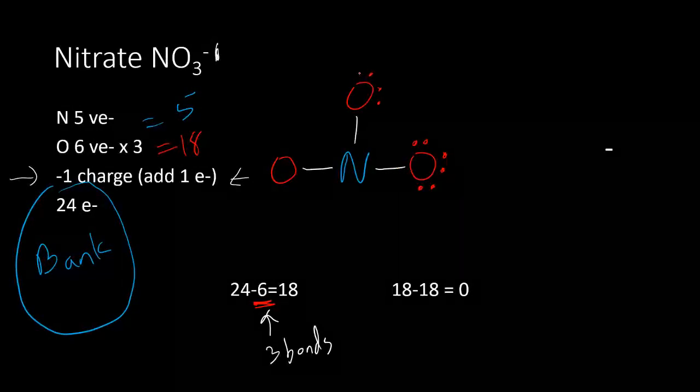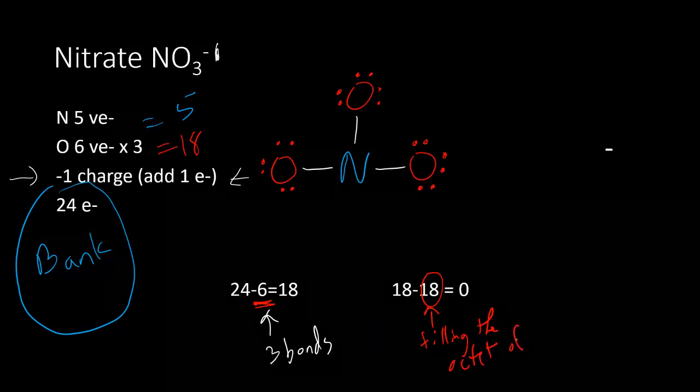There's 4. There's 6. There's 8. The bond is 2, 4, 6, 8. So we just took away 18 electrons for filling the octet of oxygen.